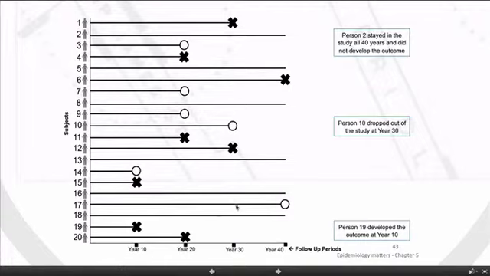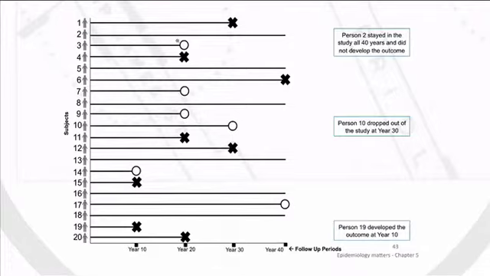This is the idea of person time at risk: when we have a dynamic population and we're losing people, we can't make assumptions that they're remaining at risk and didn't get our outcome. They only contribute as much time to our denominator as we know they remained at risk.